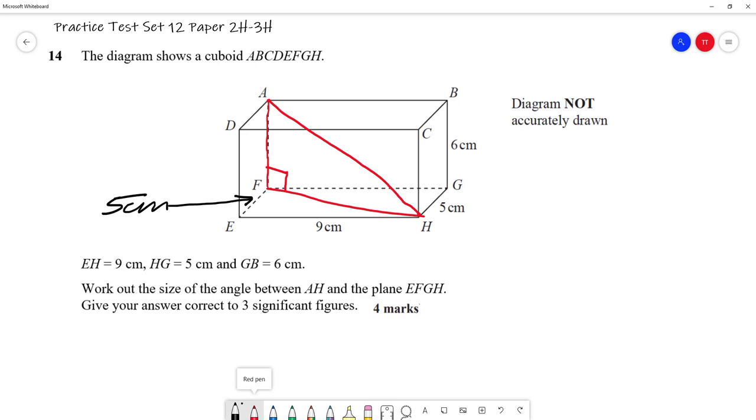So because this is a rectangle, this is also 90 degrees. And I get another right angle triangle, which I'm going to draw in blue. So this is another right angle triangle here.